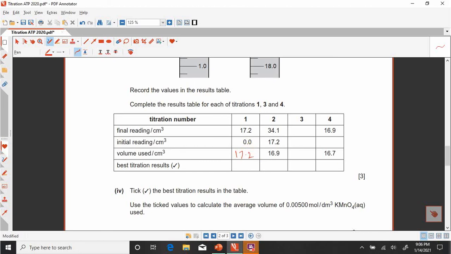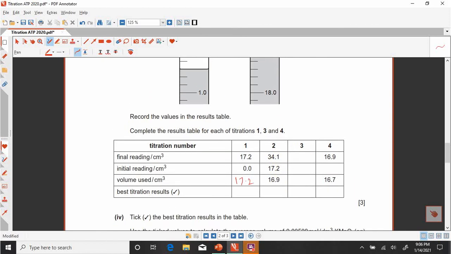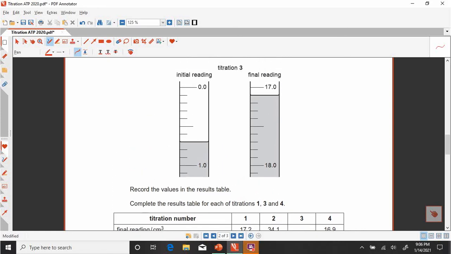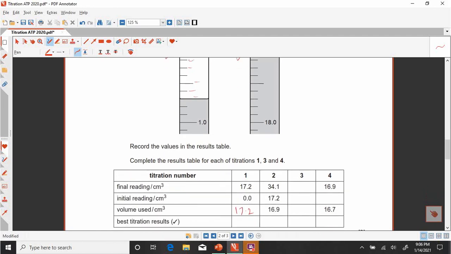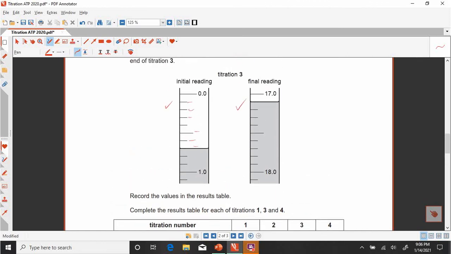17.2. Now titration number 2 has been done. Now look at titration number 3. The initial reading is this one, and this is the final reading. What is the initial reading? The initial reading is 0.1, 2, 3, 4, 5, 6 and 7. So we will write 0.7 as the initial reading. And the final reading is this one, 17.1.